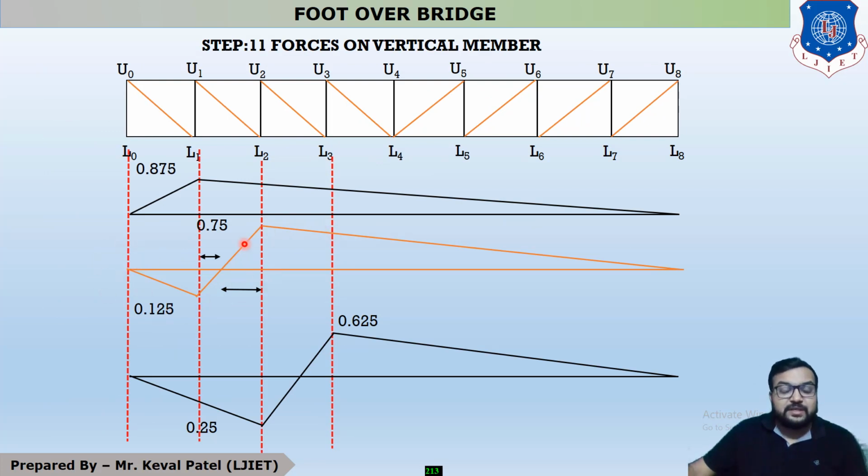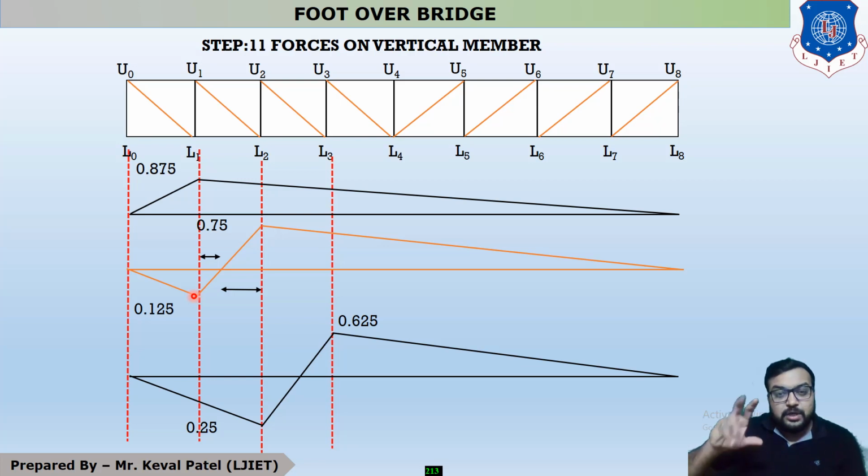So the area of the tensile portion is 1 half base altitude, and 1 half remains constant. Base is 3 plus x, so your value of x is 0.428, so the total base is 3.428 into altitude, so it is 0.125. Okay, this calculation remains the same for your third member and fourth member.